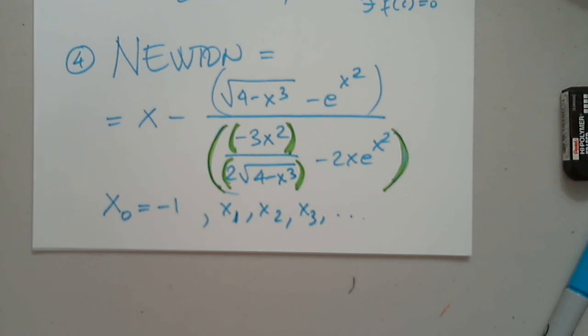I also want parentheses. Most calculators, older calculators, pop up. The parentheses already pop up. You don't have to put them in. Okay, good. So I have enough parentheses, and then minus 2x e to the x squared. Don't forget the last parenthesis in the denominator.